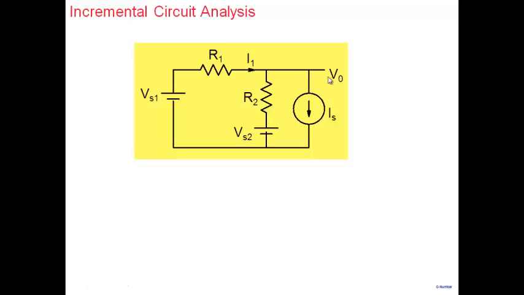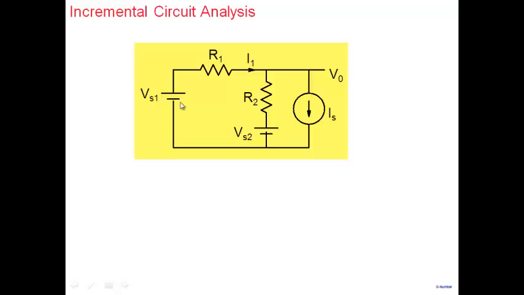Now, when I'm designing a circuit, that's not the end of the story. For example, I may have an interest in knowing, suppose I change the value of Vs by a small amount, how would my V naught change? We've analyzed it for whatever values are given here, and we've obtained a value for V naught.